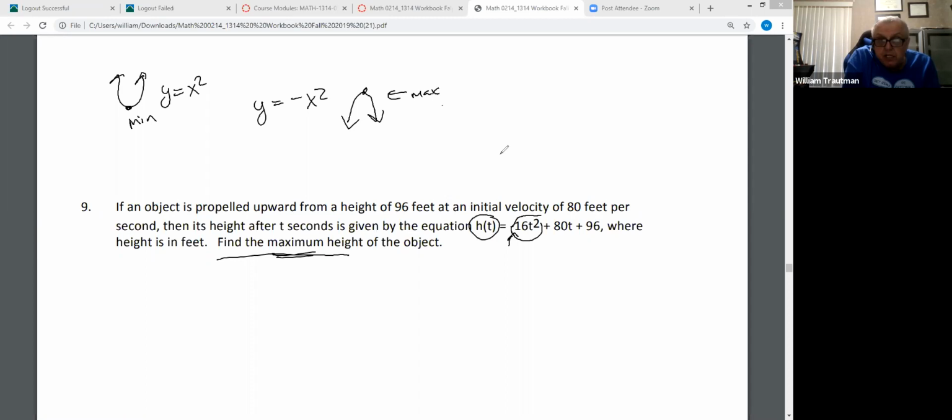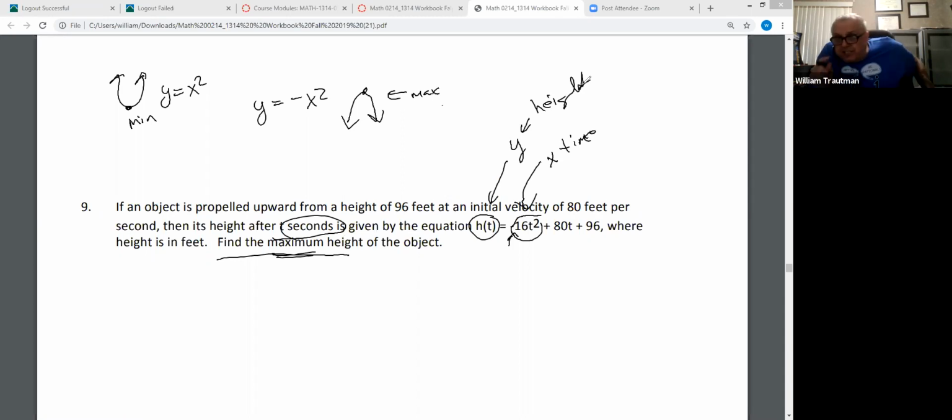Height is the y value. T is the number of seconds, so the x value is time, and the y value is the height. It's always good to understand what you're looking at in a vertex.